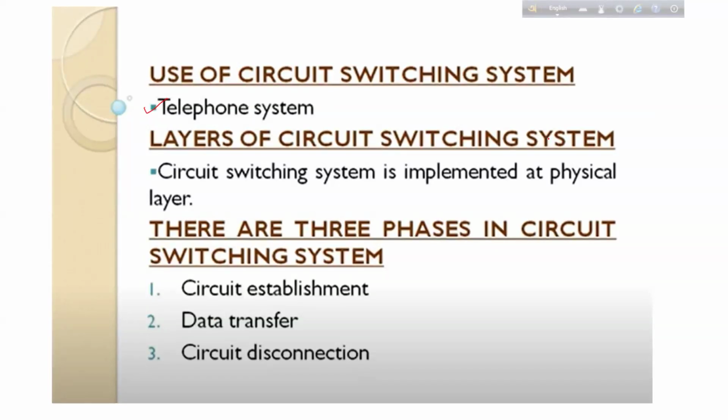Layers of circuit switching system: circuit switching system is implemented at the physical layer. Now we are studying the different layers of the OSI reference model, and we have been studying the TCP/IP suite.